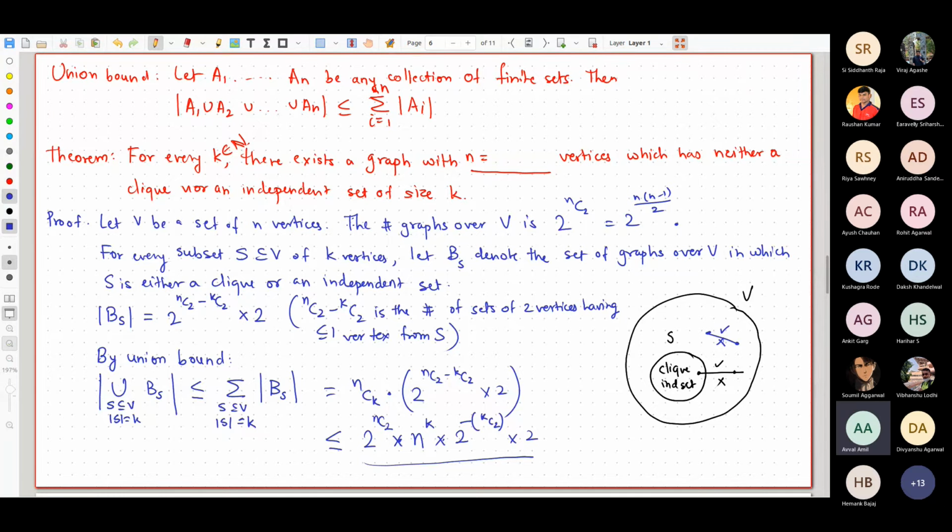So now we are going to choose our n in such a way that this quantity is strictly less than this quantity. So I think this is a good point of time to write it over here. Fill up this blank. So there exists a graph with n equal to how many? What should I fill up over here?